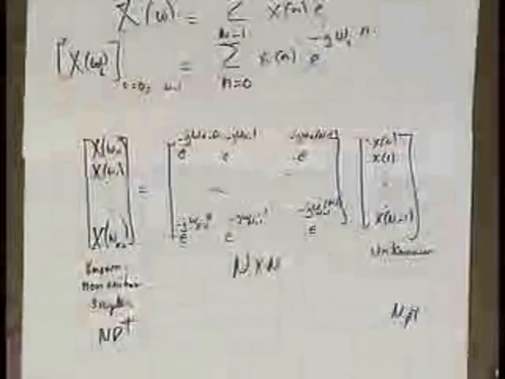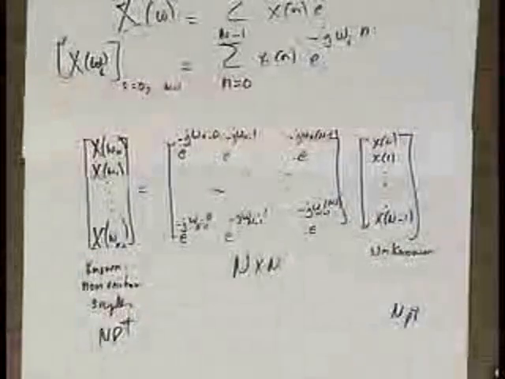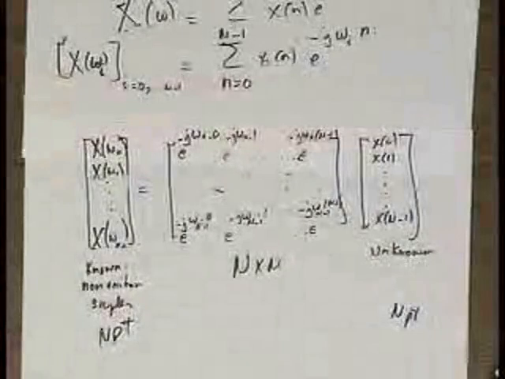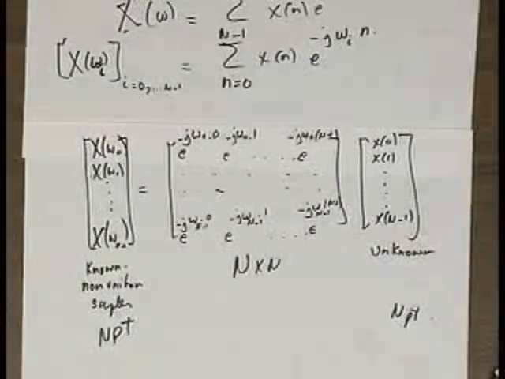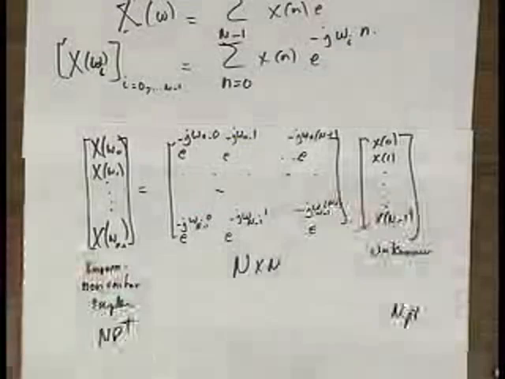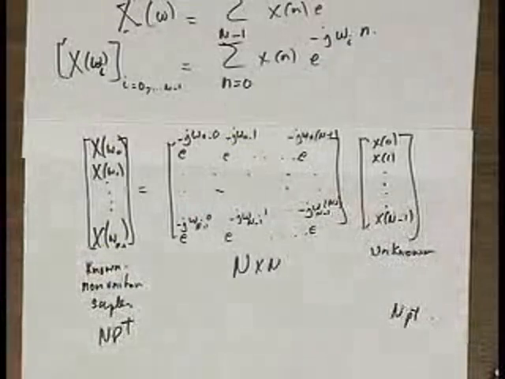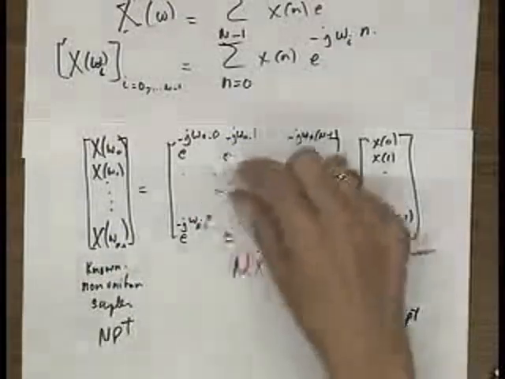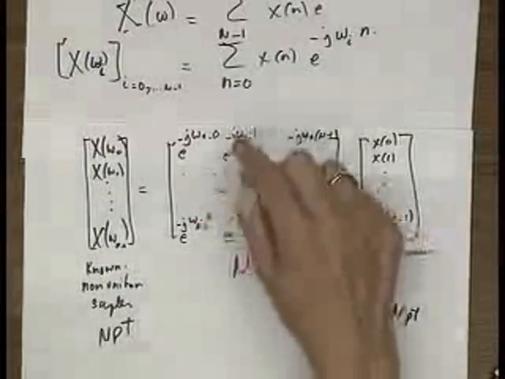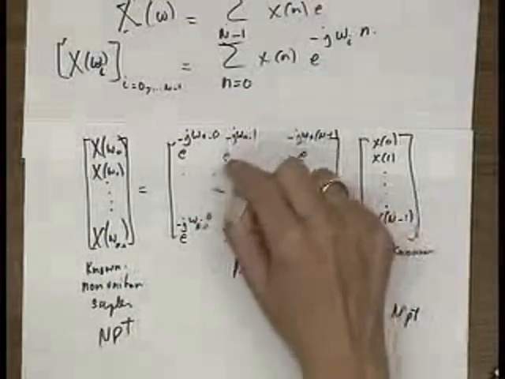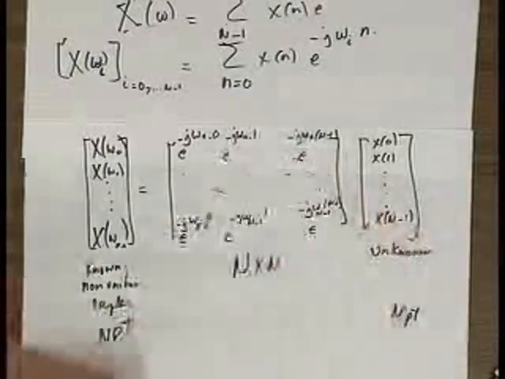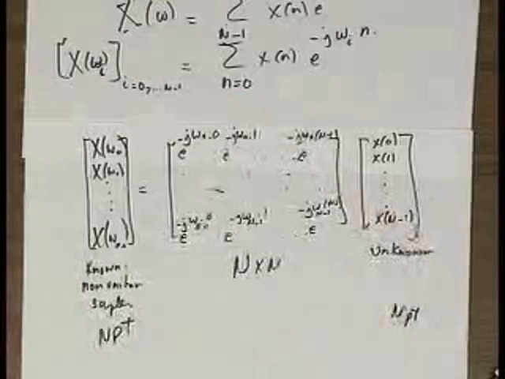And you can show in math that Vandermonde matrices always have non-zero determinant. They're always non-singular. Unless what happens? That's a pretty obvious thing. Under what condition will the thing become singular? Unless two rows are the same, and that means omega 0 is equal to omega 1, in which case you've sampled the same frequency twice.